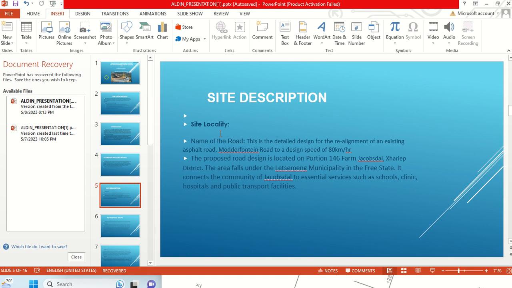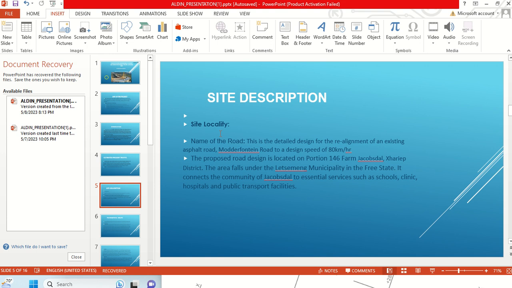Since we now know the actual road that needs to be designed and the number of vehicles it will be designed for, we now need to know the site locality, which I've stated before is Modder Fontaine Road. The design speed allocated for this road is 80 kilometers per hour. The proposed road is located on portion 146.